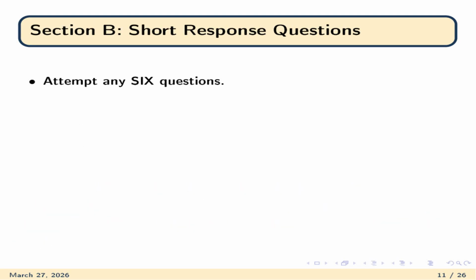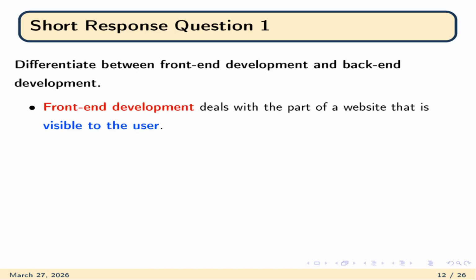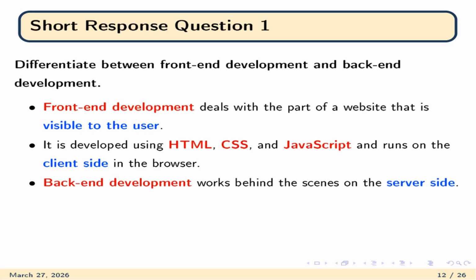Section B, attempt 26 questions. Differentiate between front-end development and back-end development. Front-end development deals with the part of a website that is visible to the user. It is developed using HTML, CSS, and JavaScript and runs on the client side in the browser.